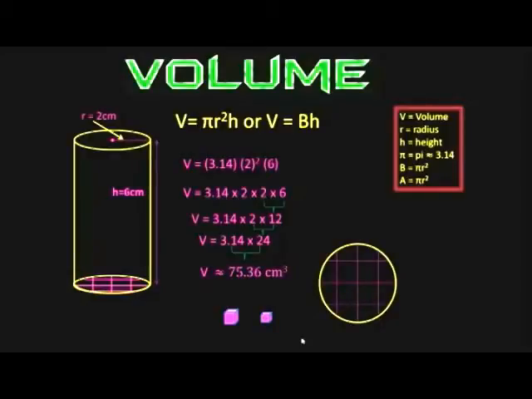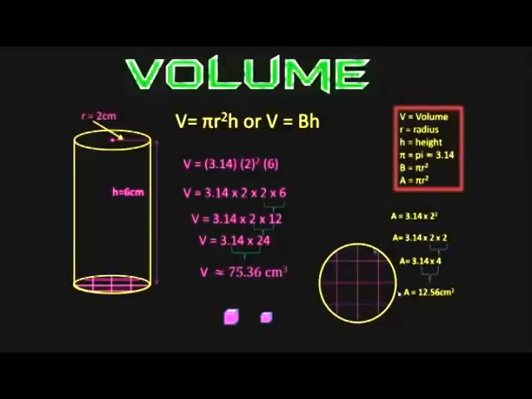Okay, so I wanted to show you the relationship between area and volume. As you can see, the formula for area of a circle is pi r squared, and if you notice, that's the majority of this volume formula. The only extra thing we have is that third dimension of height. Okay, so you can see here I went ahead and worked out the area of the base. This is as if we were looking at this cylinder over here from the top or from underneath from the bottom.